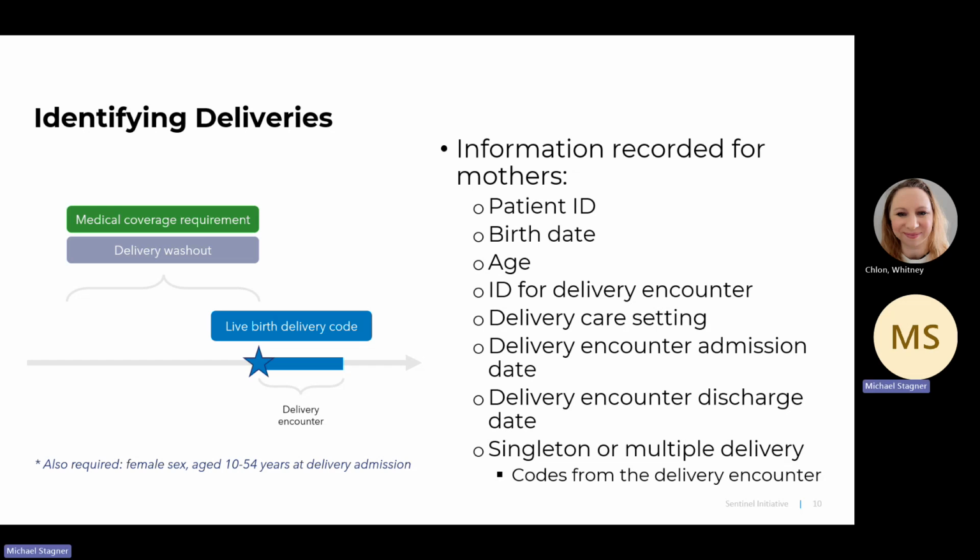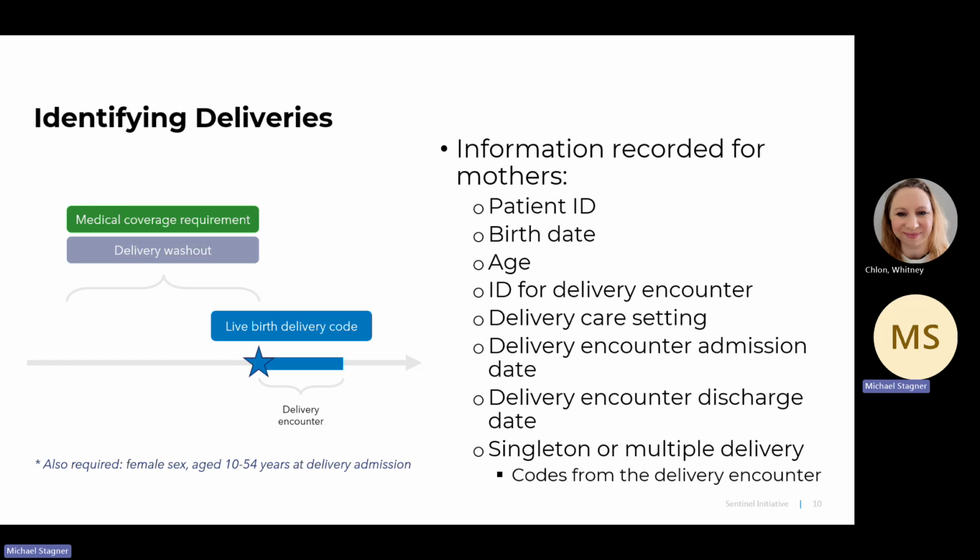So deliveries are identified in the encounter data, and there's a set of requirements for determining what is an eligible delivery to be linked to an infant. There's a prior Medicaid coverage, Medicaid enrollment requirement.